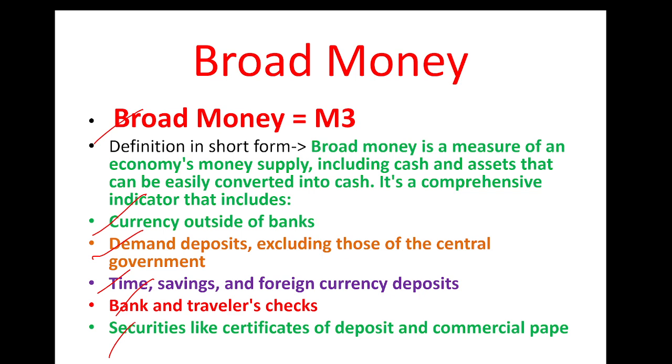So you can see that this is M3, and this is indicating the broad money category. So M3 means M1 plus deposit with bank, FD with bank, and FD with post office.